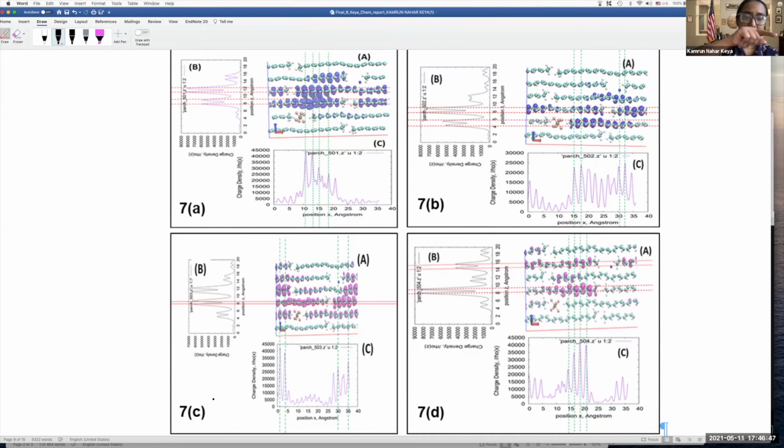That's why in that oligomer there is almost nothing, and after that it shows the charge density in the third and fourth oligomers.